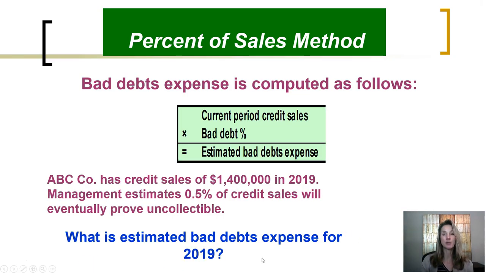The first method, the percentage of sales method, calculates bad debt expense based on some percentage of sales. So if ABC has credit sales of $1.4 million in 2019, and management estimates that 0.5% of those credit sales will eventually prove uncollectible, that will help us calculate how much bad debt expense to record for the period.